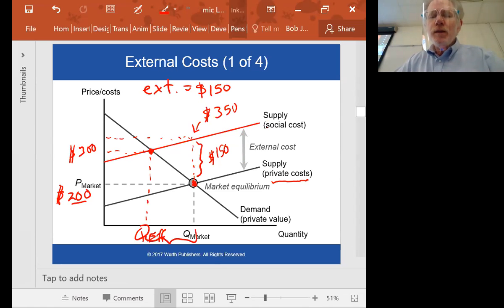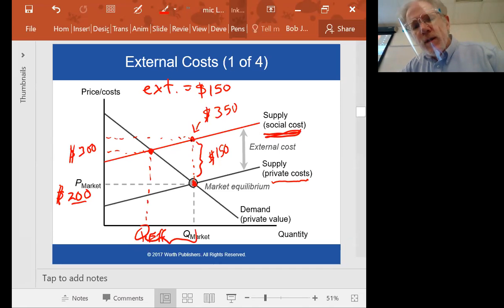So you get this new curve here, which is showing the social cost. When we say social, we just mean including all of the costs borne privately and the external cost. So for every point on the supply curve, you just move that up by the amount of the externality.